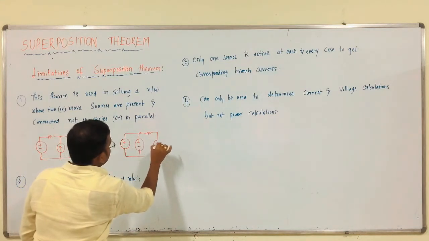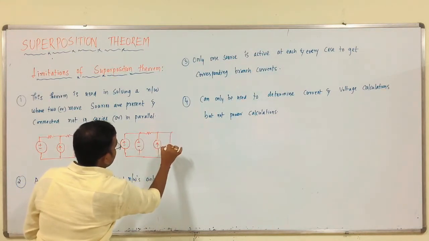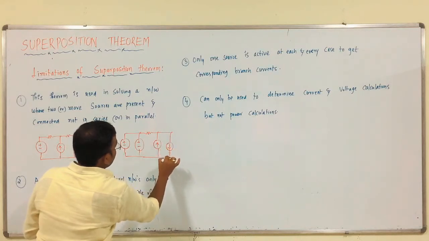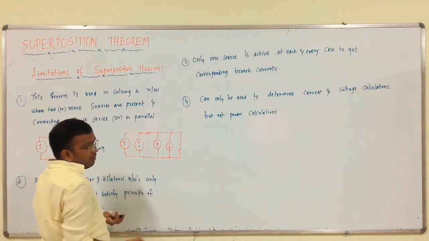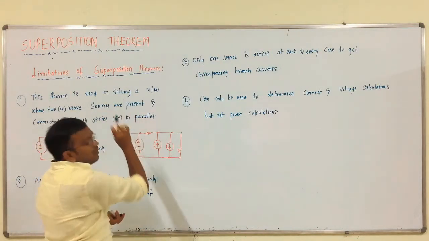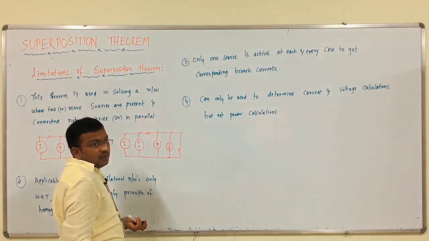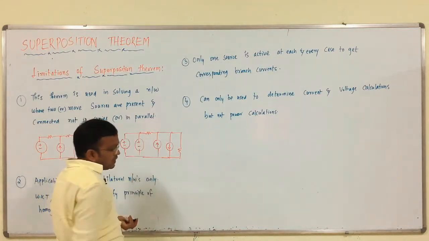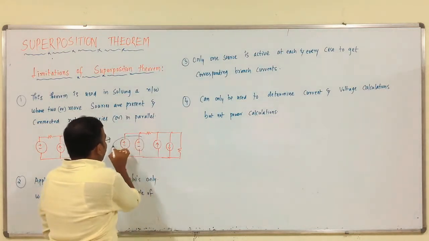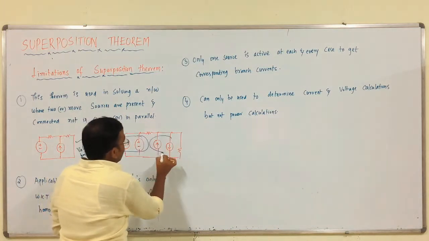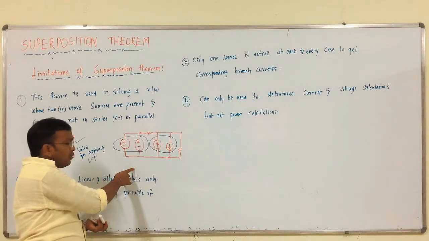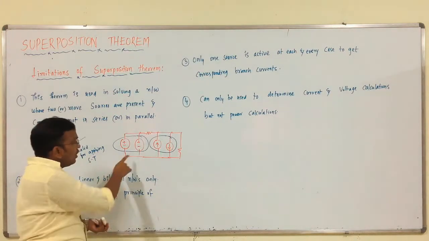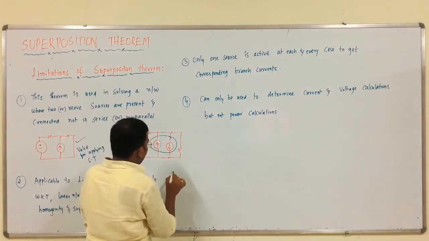So, what the statement means is, for example, if you have a voltage source, then we have a current source. If the circuit is like this, it is not applicable for the superposition theorem. So, in order to apply superposition theorem in the circuit, we have to get an equivalent circuit. So, from this, what is the equivalent circuit model?